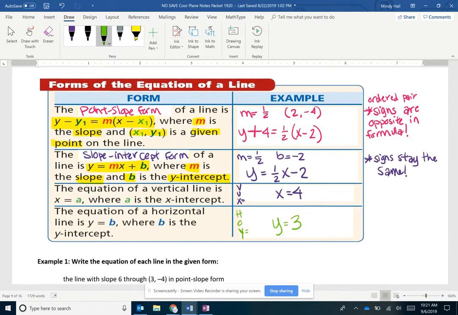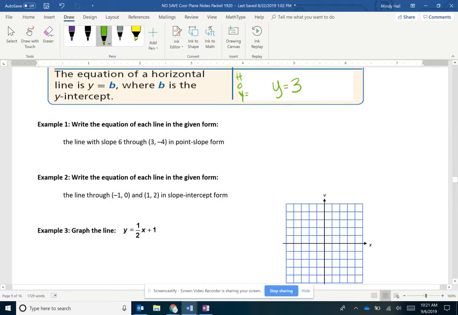All right, so if I wanted to write the equation of a line in point slope form, and I'm given the slope and a point, I don't need any extra information. So I have y minus y1 equals, not x, whoopsie, erase, m times x minus x1. So we know what the y1 is.